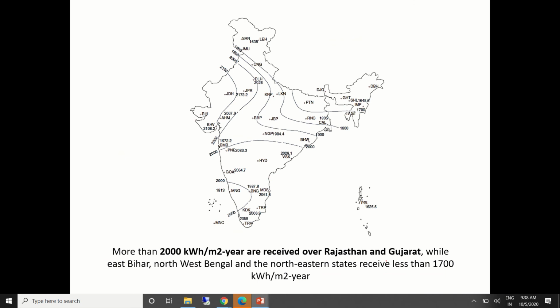When we talk about solar radiation and how we can generate energy through solar, for example, more than 2000 kilowatt hours per square meter are received over Rajasthan and Gujarat, where we know it is a desert kind of climate.